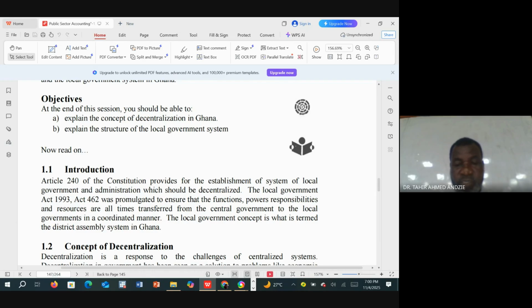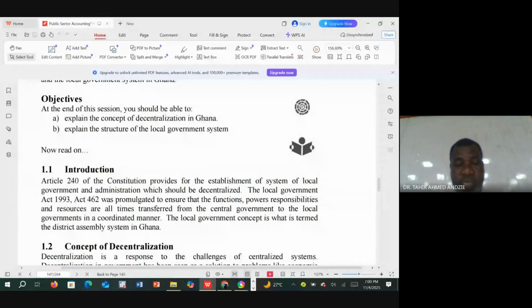The local government concept is what is termed the district assembly system in Ghana. So we all know what we mean by decentralization. It is a system of governance where the local areas are given the power, authority, and responsibility to administer whatever functions at the local level.